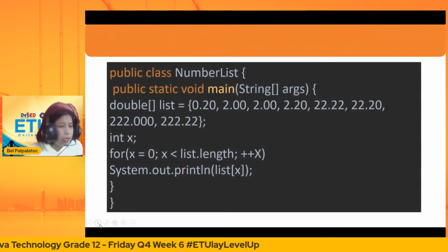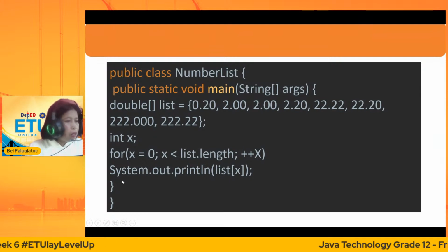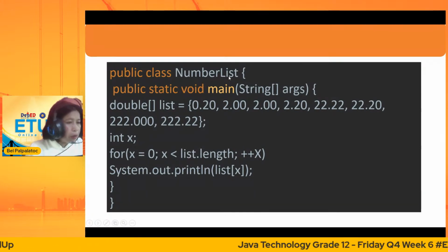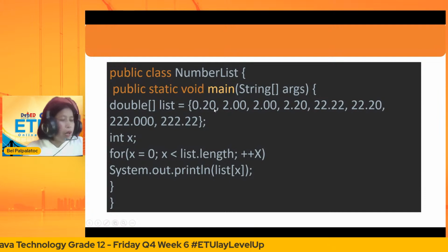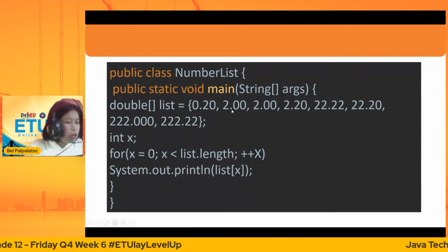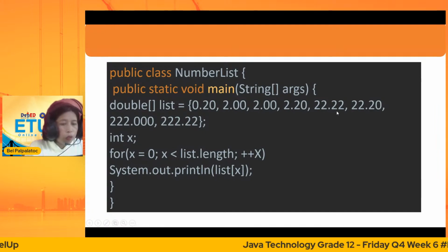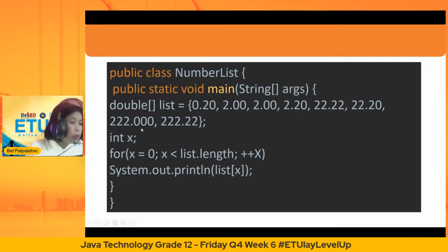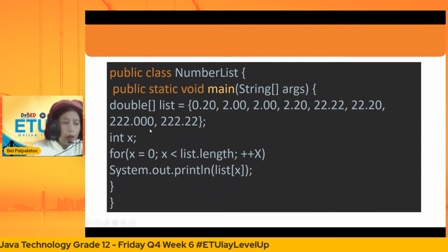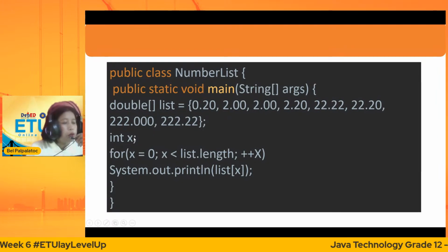Okay, so this is an example. The name of the class is NumberList. I have an array: 0.20, 2.0, 2.00, 2.20, 22.22, 22.20, 222.000, and 222.22.